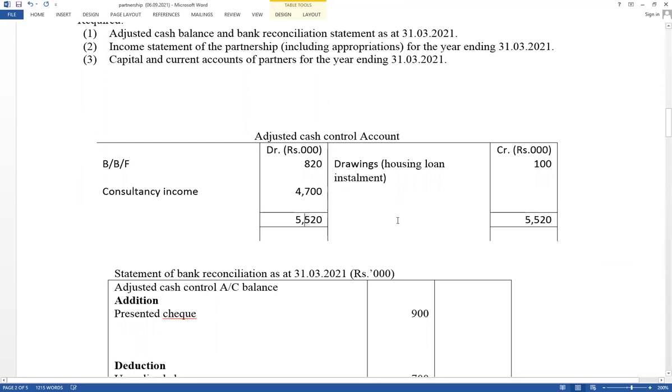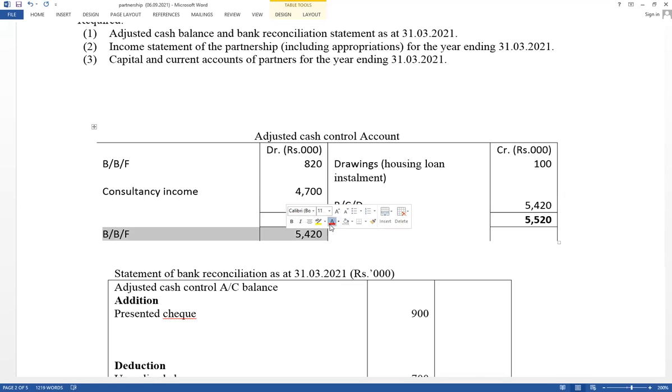The difference value is the balance carried down. Therefore, deduct 100. The difference value equals 5,420. That is the closing balance, balance carried down, balance brought forward on the debit side. That value should be included in the financial position under current assets as cash.